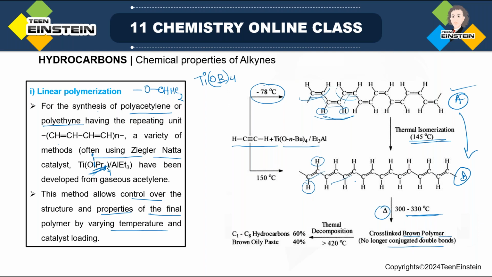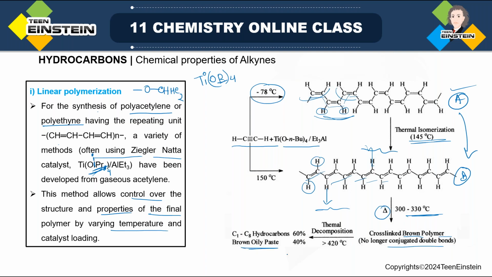All these others are conjugated double bonds, but when you heat further, there will be cross-linking. Suppose from this side there will be another chain, and from this side another chain. So this is cross-linking.